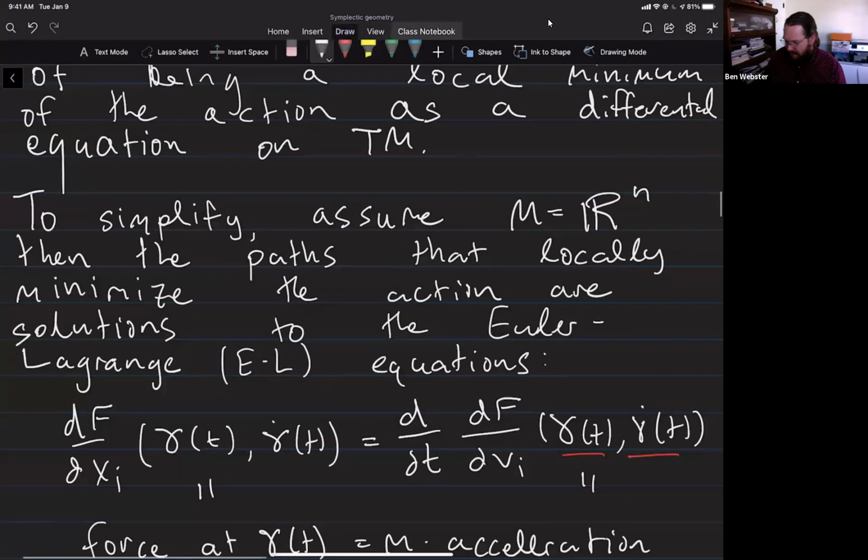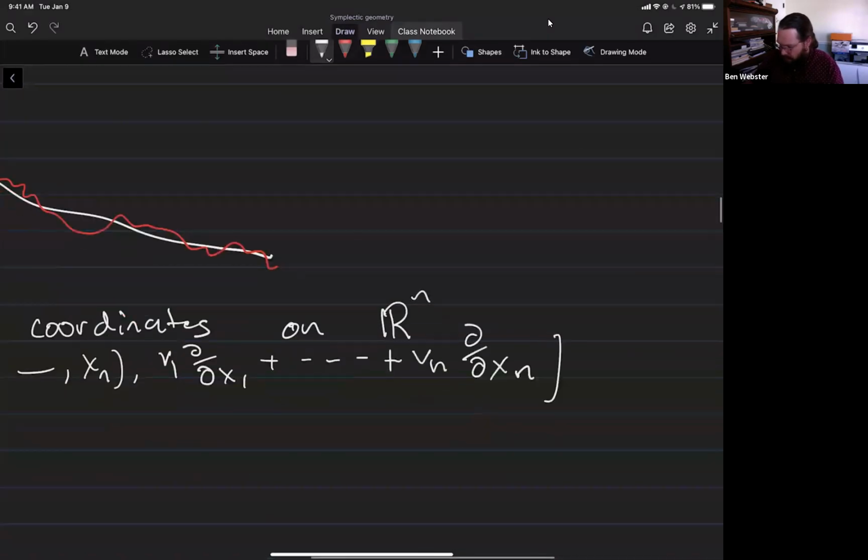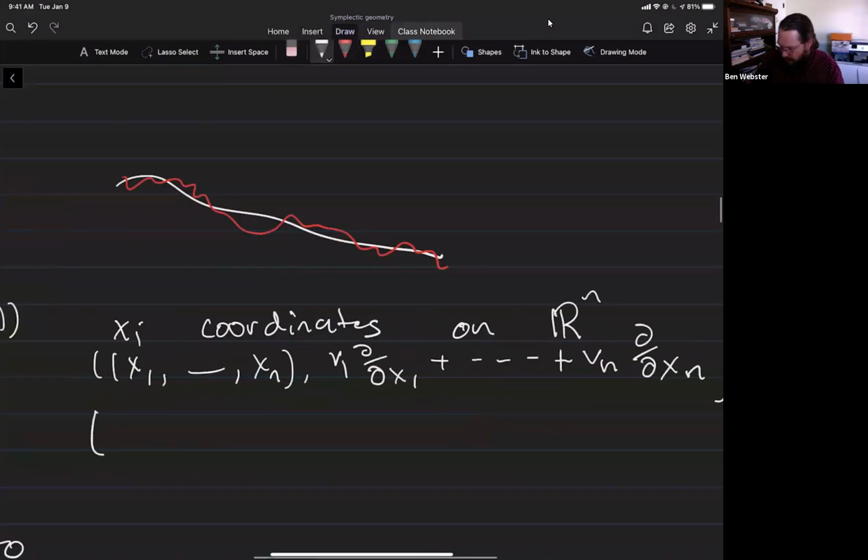Okay, so, as I say here, I'm just taking a function and evaluating it at this point. Should also note here, I'm taking my path gamma t and taking its canonical lift up to the tangent bundle.